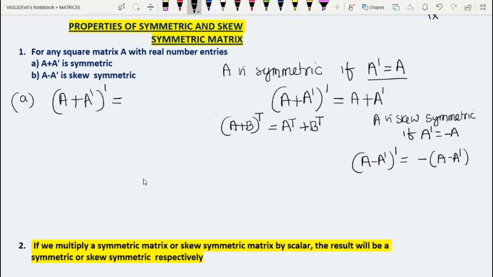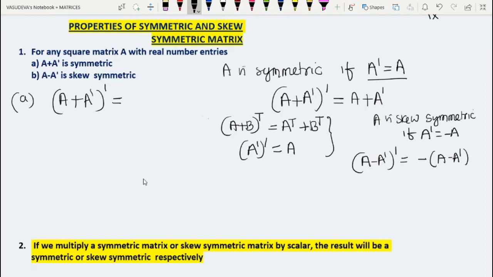That is, A plus B whole dash is equal to A dash plus B dash. And also we have seen that the transpose of A dash is equal to A. So we are using this property frequently in proving all these properties.